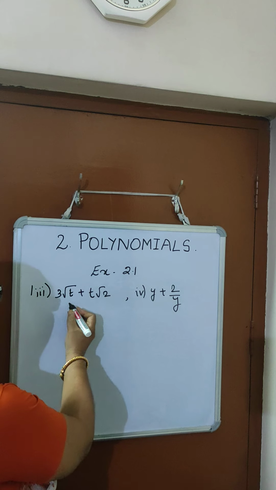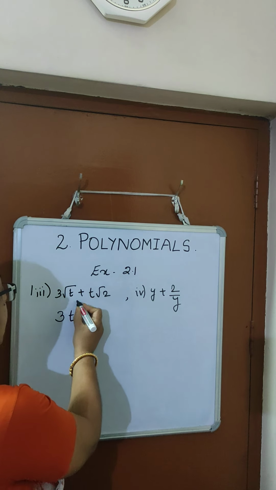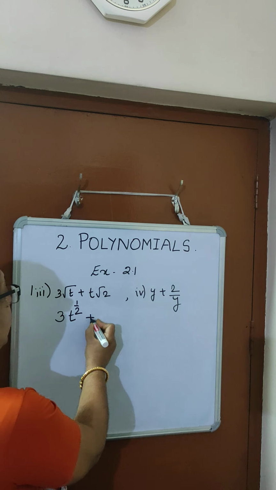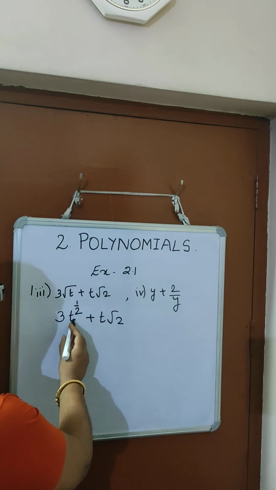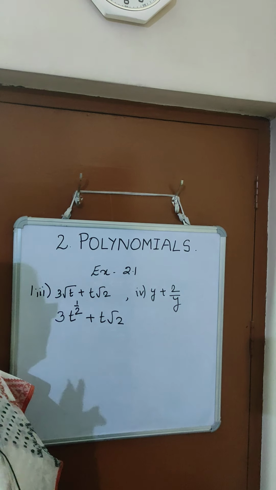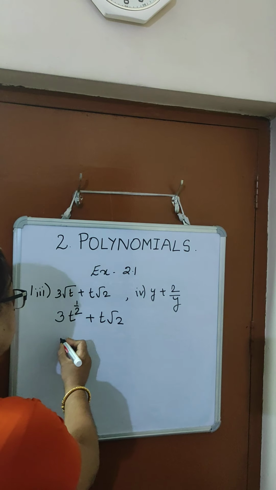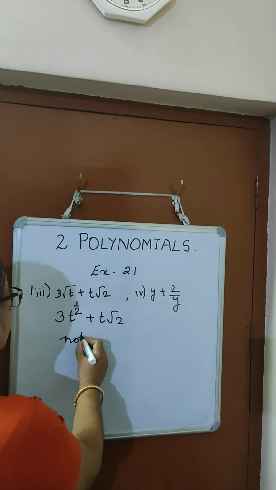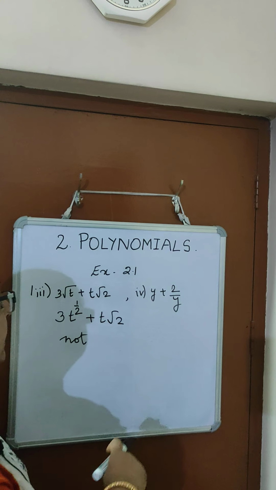Yes or no? This means root t means t to the power 1 by 2, t root 2. So, what you see here, the power of the variable t is 1 by 2, which is not a whole number. Therefore, this is not a polynomial.